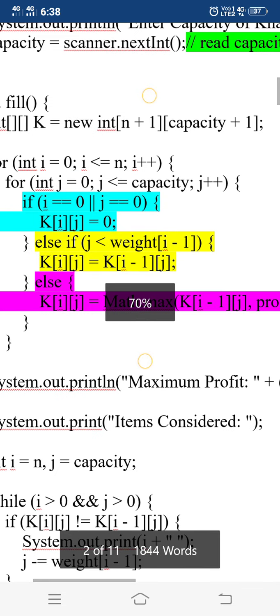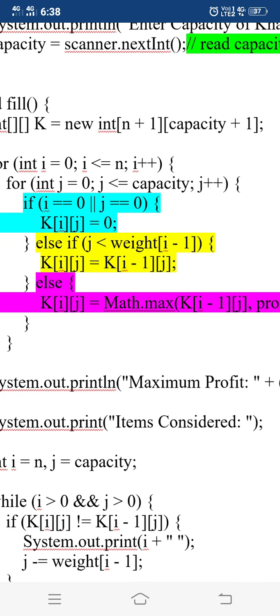Otherwise, if the j value in the current iteration is lesser than the weight of the current object selected, then for such index of i and j, the entry K[i][j] will be equal to the previous value, the profit available with the previous objects at K[i-1][j].